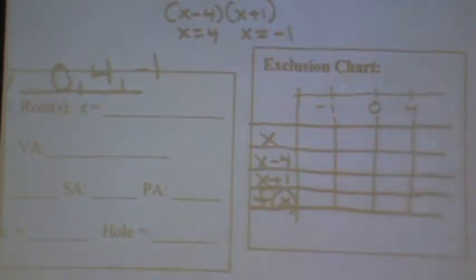The critical values have to be split up so that you have space before each one, in between, and after. Does that make sense?